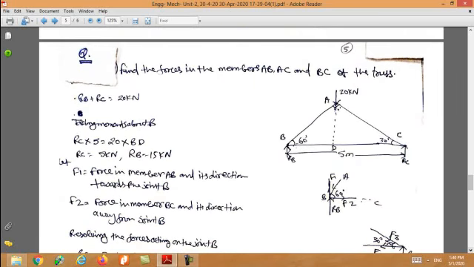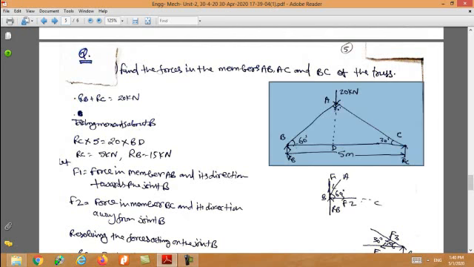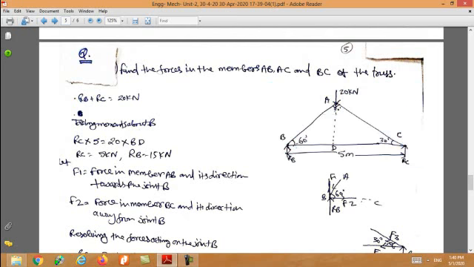So here you are seeing a truss. A 20 kilonewton load is acting on this point. Due to this 20 kilonewton load, the load will be shared between the supports.